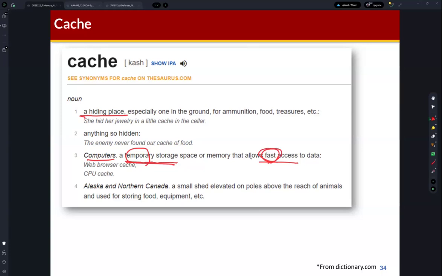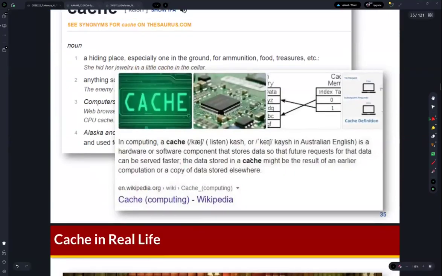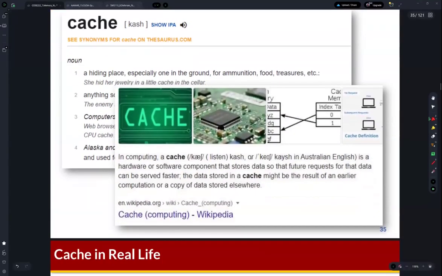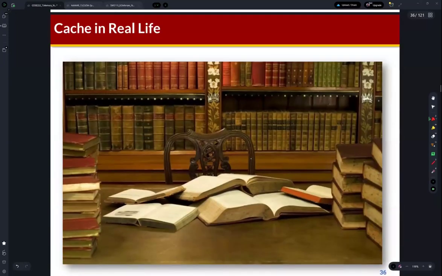Then why do we need a cache? In computer systems, you can find the Wikipedia for the definition of a cache. Cache in real life. I will show an analogy of a cache in our real life.